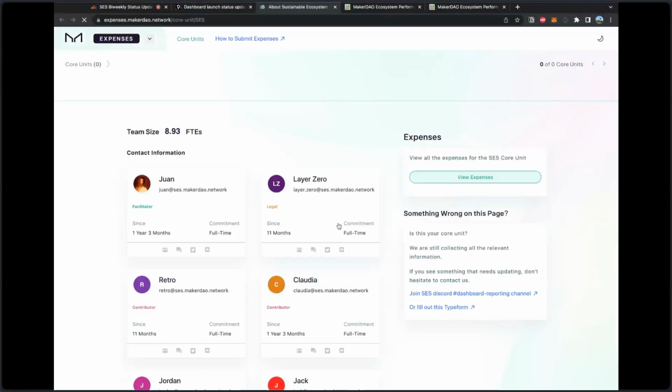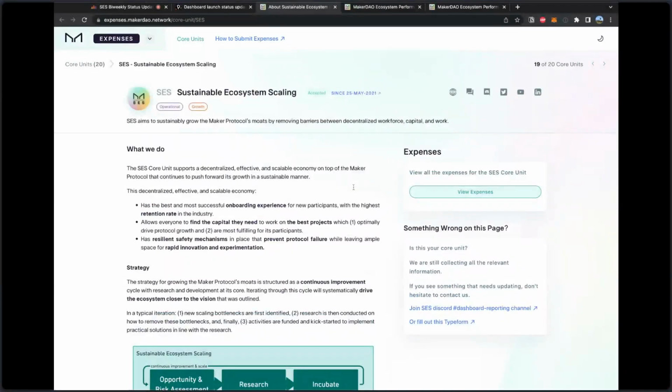Again, simple questions like, what is the mandate of this core unit, and what is it that they're working on? What's their mission? What's their vision? What's their strategy, and how does that relate to the broader vision of the DAO?